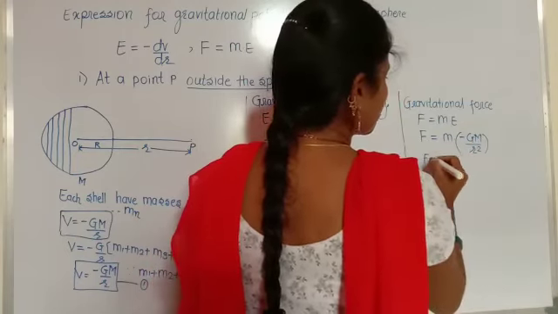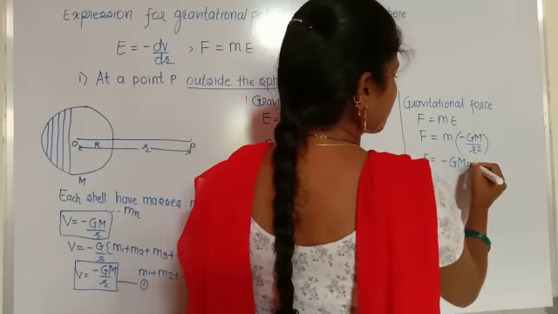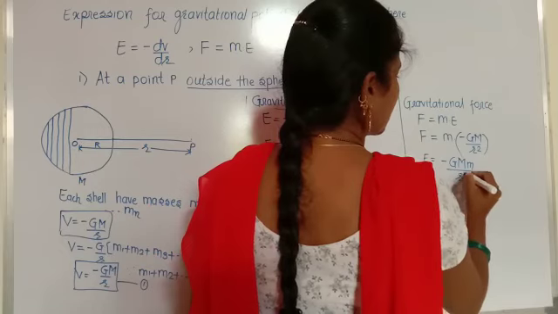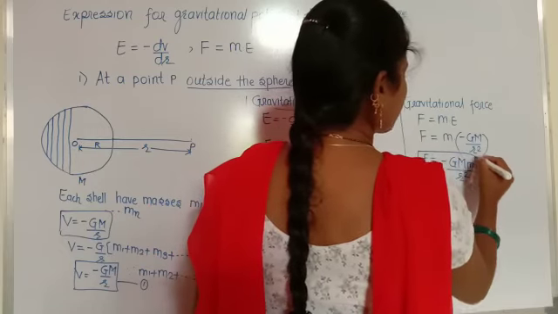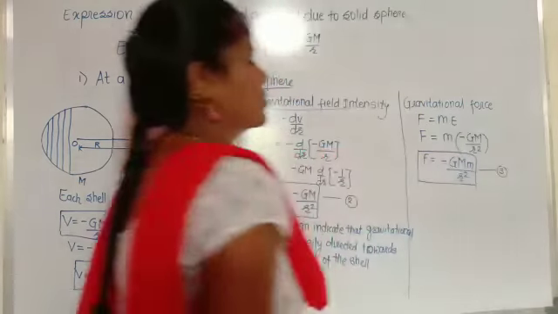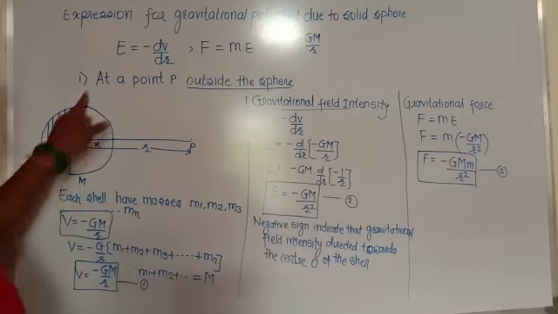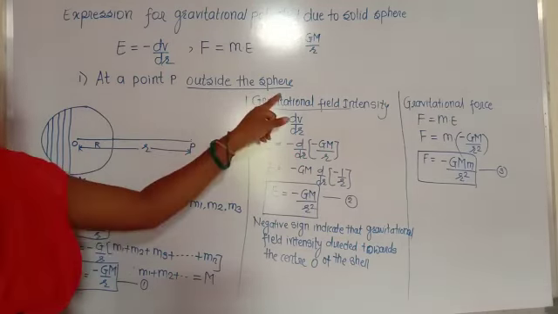Therefore F is equal to minus capital G capital M small m divided by r square. So this is the expression for the gravitational force. This is the third equation. So these are the three expressions for the case of a point P outside the sphere.